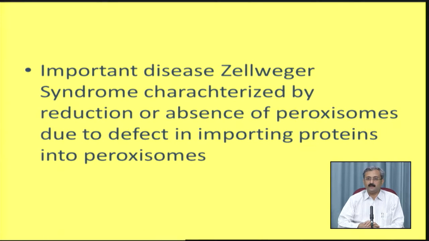It is characterized by the reduction or the absence of the peroxisomes due to a defect in importing proteins into the peroxisomes. So, an important inherited human disease. If this occurs, then such inherited diseases can occur because of the reduction or the absence of the peroxisomes within the cell.